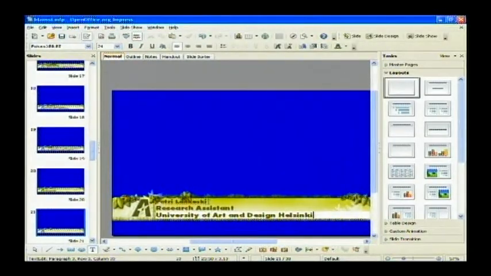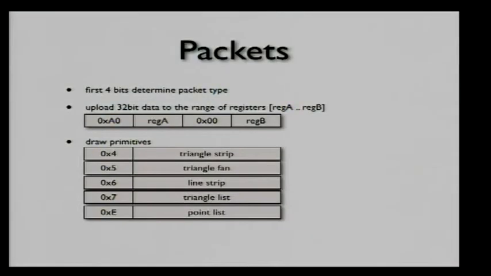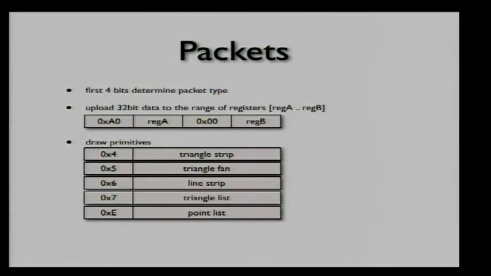The first packet you will usually find starts with A, and it's for uploading data into the vertex registers. It has 1 byte for the starting register and 1 byte for the ending register. And afterwards, you will find lots of data.